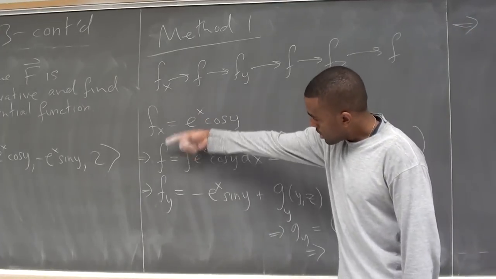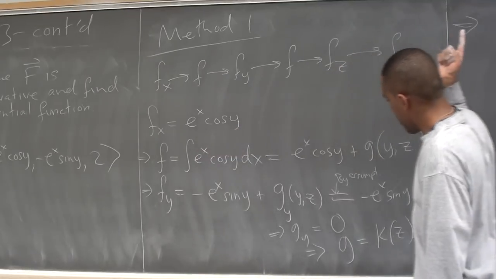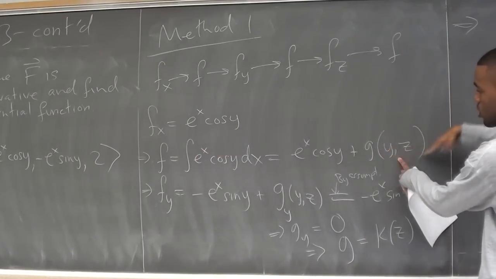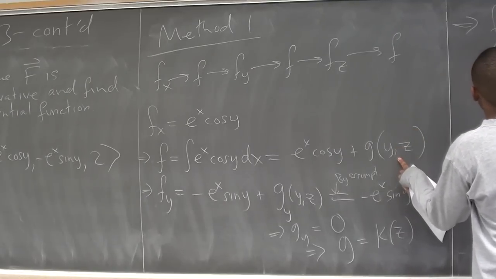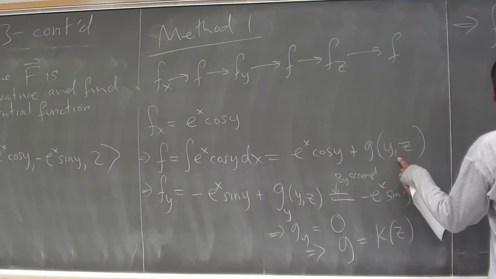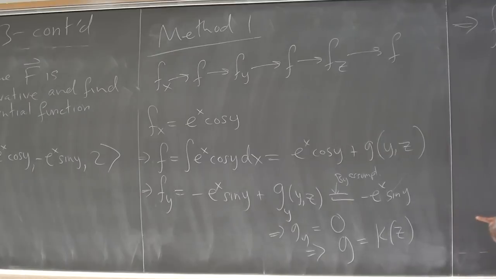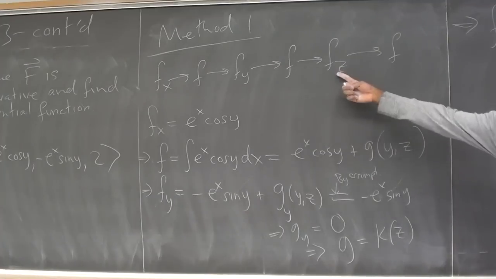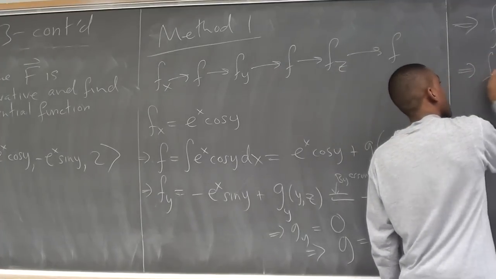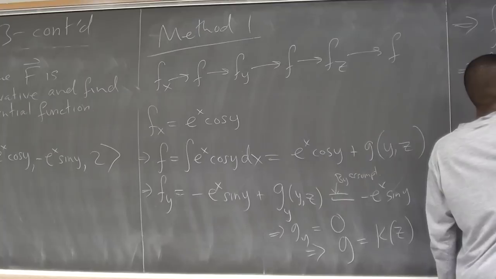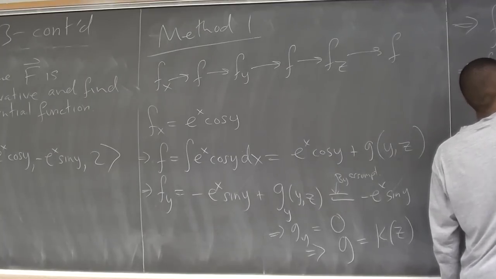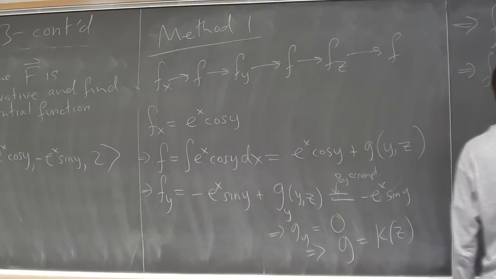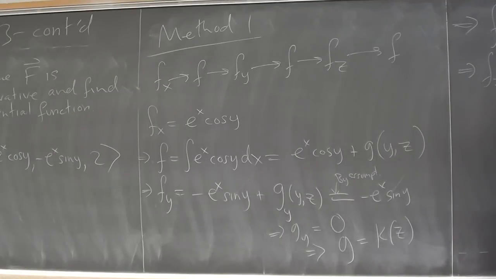So I was at f_x, f, now I'm at f_y, now I'm going back to f. My f is here, and I now know what this function is. So this means f is actually e to the x cosine y plus some function of z. Now I'm going to go to f sub z. That will go away. This would just give me the derivative of that guy. This is equal to, by assumption, 2.